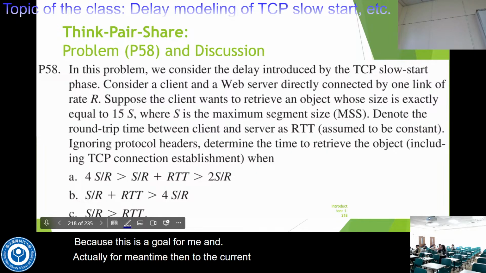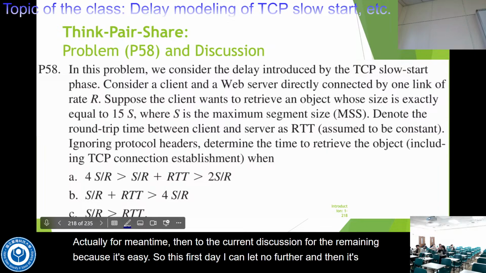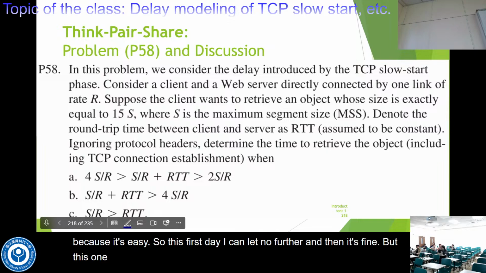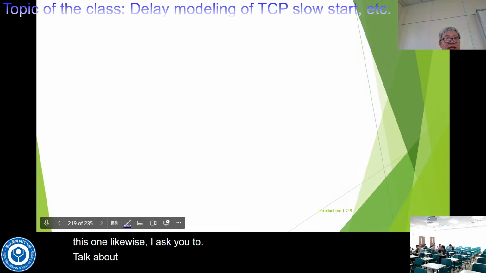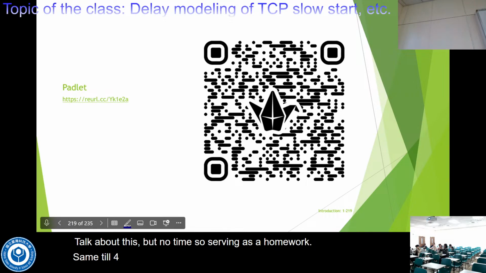For the remaining, because it's easy, this Thursday I can let you know further and then it's done. But this one, likewise, I wanted to ask you to talk about, but there is no time, so it serves as homework. Same, until 4 p.m., and you can scan. And of course, I will share this hyperlink.